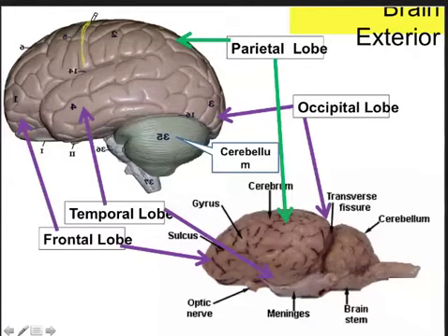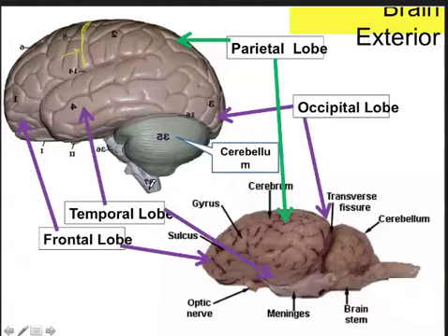So the plans get hatched here, and they get sent to the motor cortex, and what happens next is that these finalized plans will be sent via white matter, which are the signal transmission portions of the brain, to the brain stem, and from there to the spinal cord, and from the spinal cord they'll head out to the peripheral nerves, which will eventually carry the electrical signal all the way to their target.